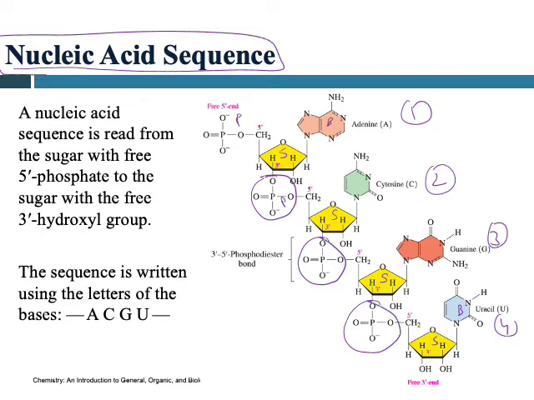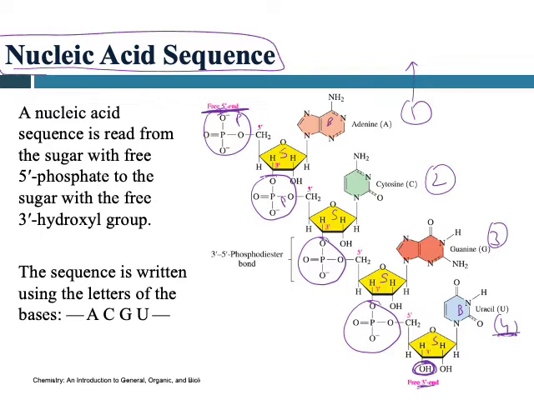So to attach 4 nucleotides you need 3 phosphodiester bonds, right? Then the top nucleotide has a free 5' end, and the fourth nucleotide has a free 3' hydroxyl group, because we don't have any nucleotide below this one and we don't have any nucleotide above that one. That's why they are free. They cannot make any more phosphodiester bonds. Okay, so this is the structure of nucleic acid, right?